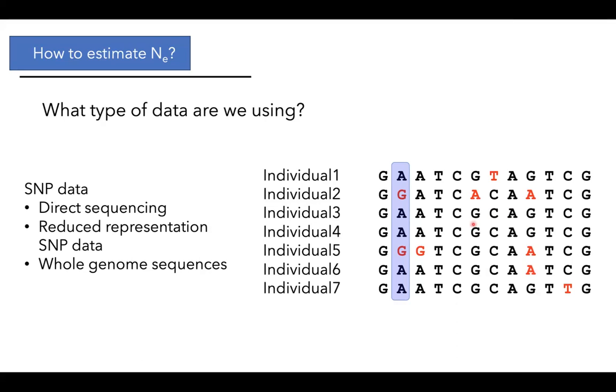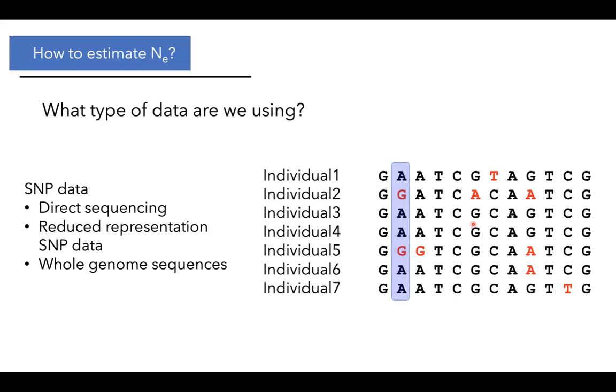So this is what you might see from direct sequencing data, and the scale that we would typically see from this is maybe 1,000 or a couple thousand base pairs from each locus, each region of the genome that's being sequenced. And a good data set from direct sequencing might have a couple hundred loci, right? If you want to scale up, often for population genetics, to give you more power, you want to look at more loci, not necessarily more individuals, right?